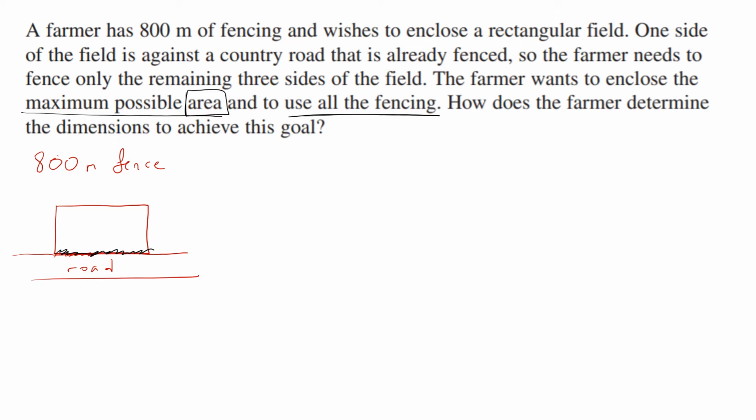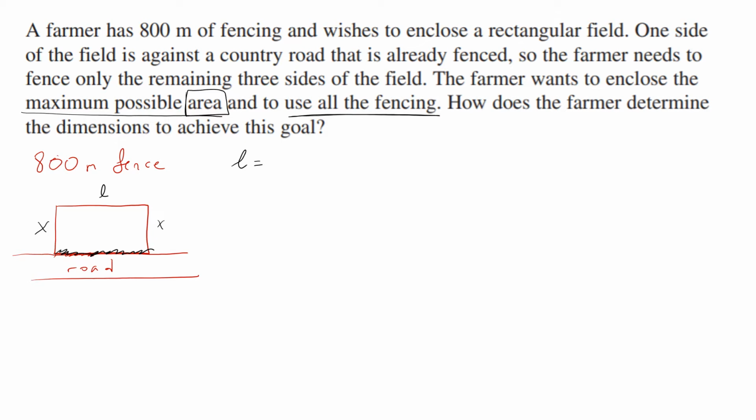First, I can give a variable for the width or length. Let's say I call my width x, and my widths are going to be equal to each other because it's a rectangle. I don't know my length. However, I can represent my length in a way that I know in total I have 800 meters of fence.